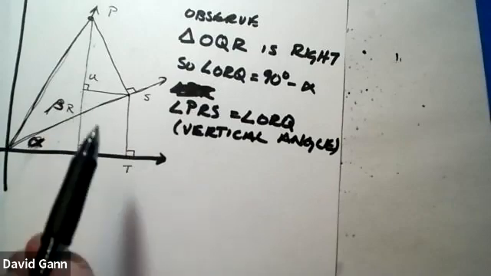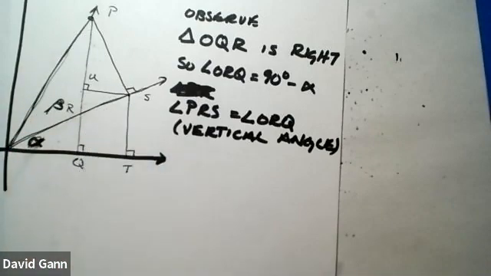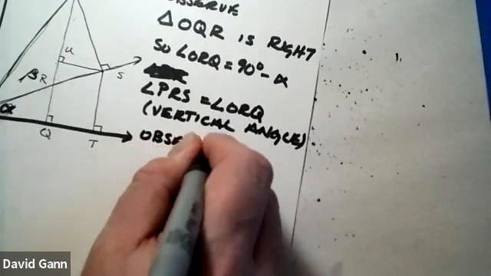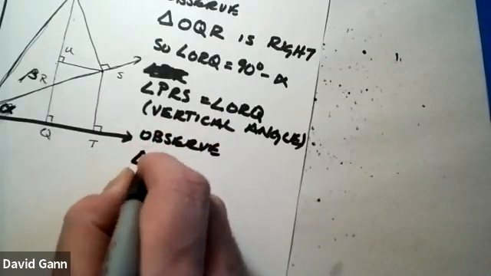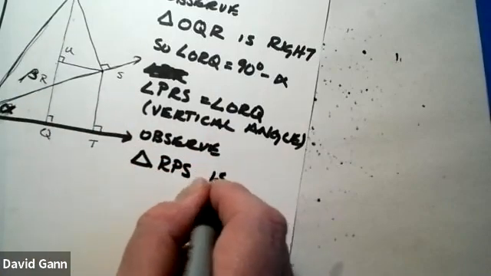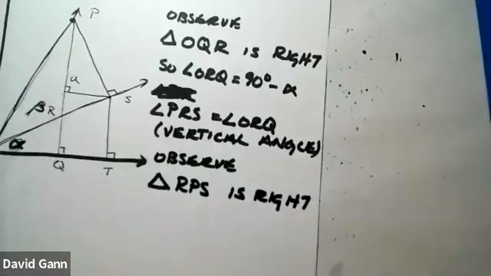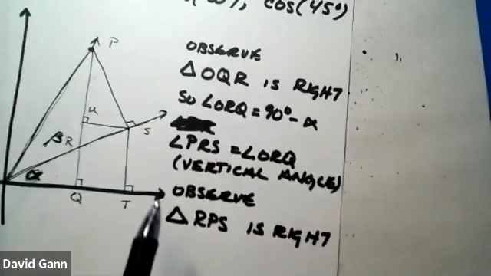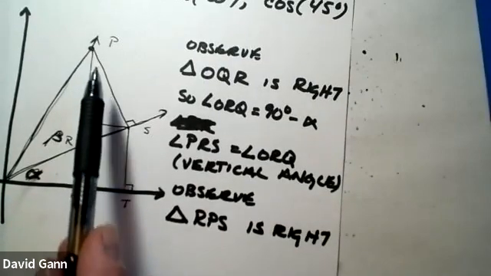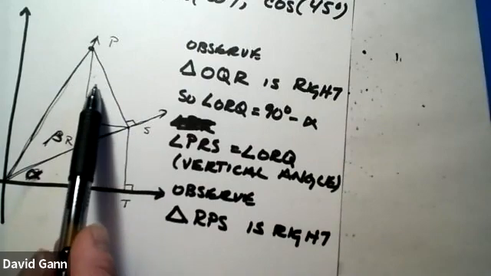Now notice that triangle RPS is also a right triangle. So observe, triangle RPS is right. And therefore, whatever this angle is, angle RPS is the complement of it, right?